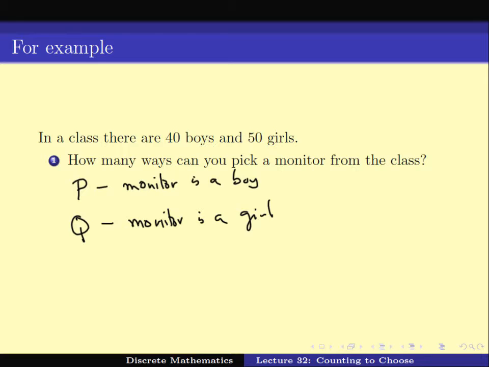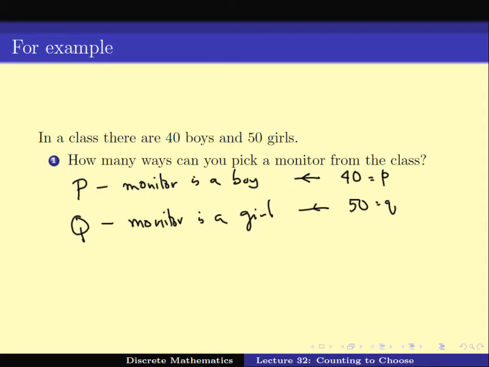The number of ways I can pick a monitor who is a boy is, since there are 40 boys, I can pick any one of the 40 boys. So in our definition p is 40. And here q is 50.